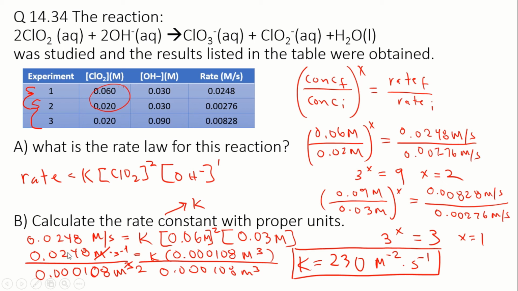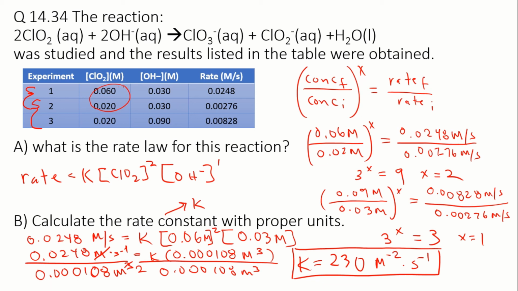And now I just need to solve for my rate constant K, so I can divide that concentration across, this molarity cancels out. 1 of these 3 cancel out, and that's going to leave us with units of rate constant. I think they asked for 2 significant figures, so that would be 230 molar to the -2 times inverse seconds, which are the units of rate constant for a third order reaction.